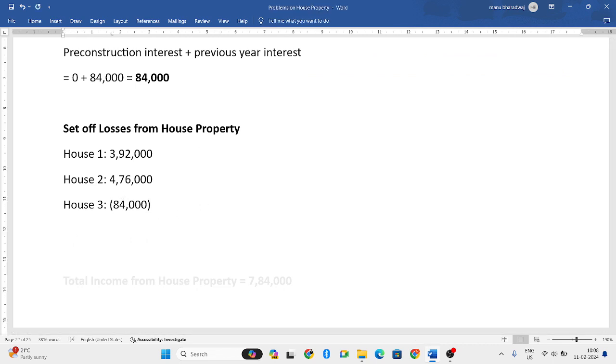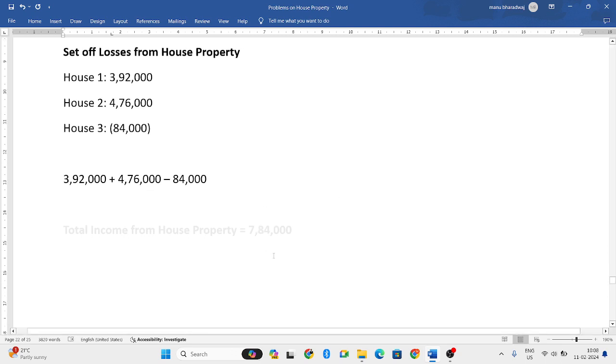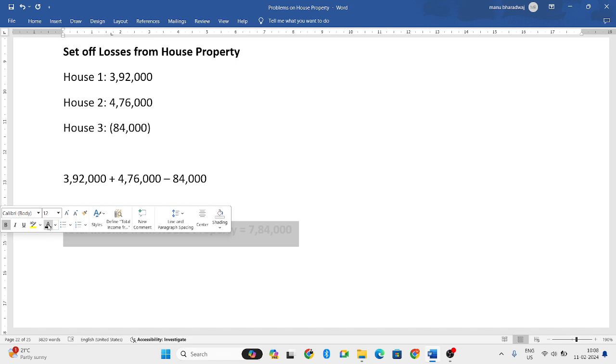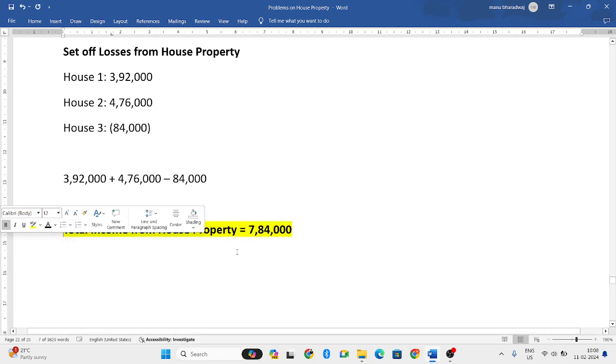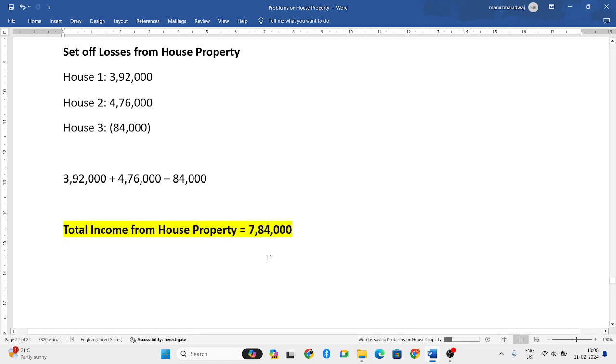Now we have to find the total: 3,92,000 plus 4,76,000 minus 84,000. If you do this, the total income from house property you will get is 7,84,000. This is how you need to solve the problem and set off the losses.